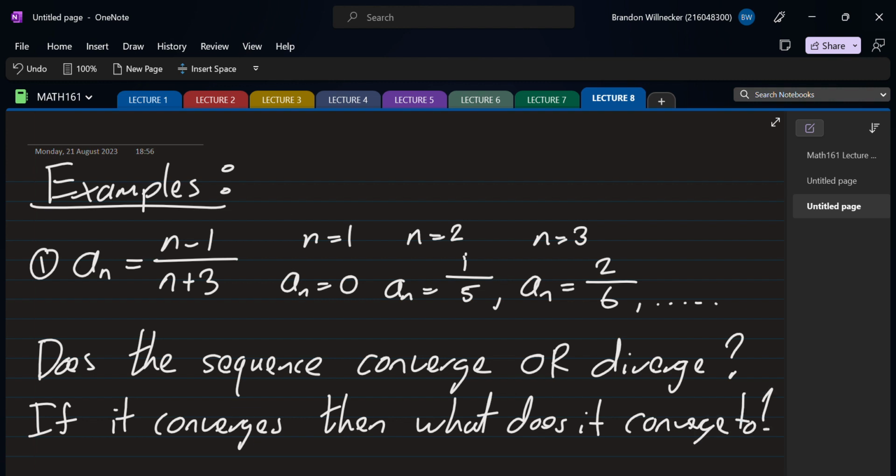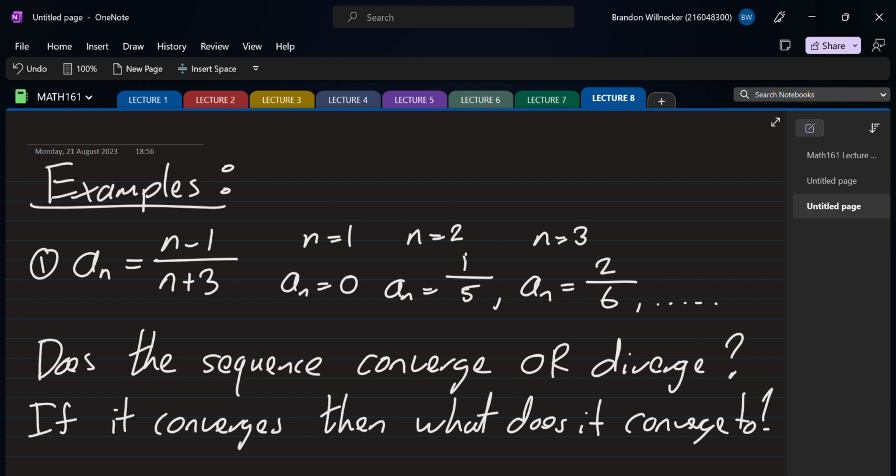Okay, so these are just some questions that we ask. Later on, we will have more questions that we ask, like, is the sequence bounded? So in that case, we're looking for an upper limit for the sequence. So if n goes to infinity, the sequence never goes beyond a certain point.